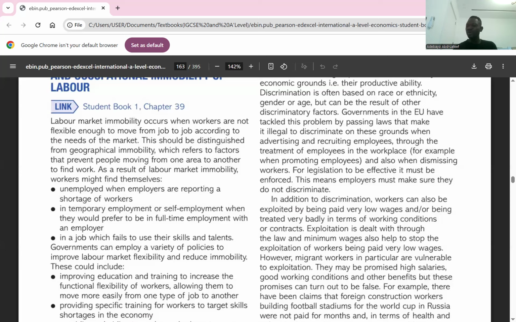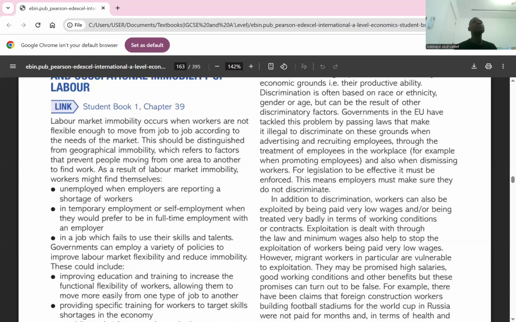So they have access to all information about vacancies in different locations, not just in their own location. Sometimes people do not move because they don't even have information about what is happening outside their location. Do you understand? Yeah. Any question about that?